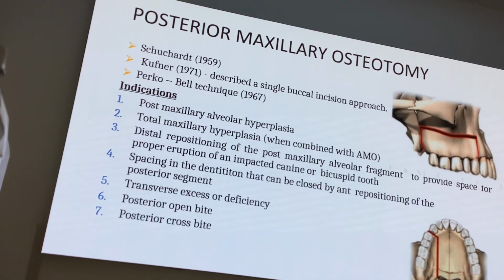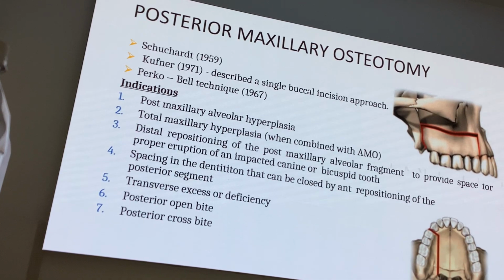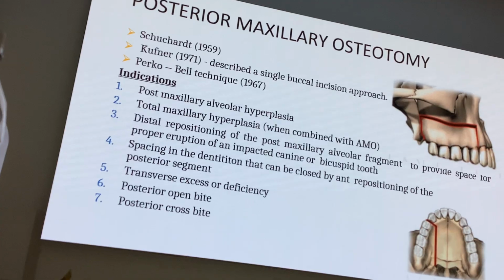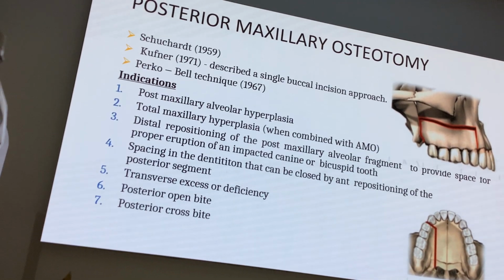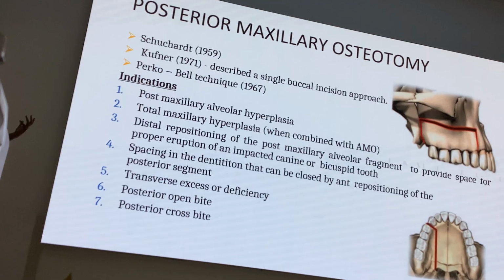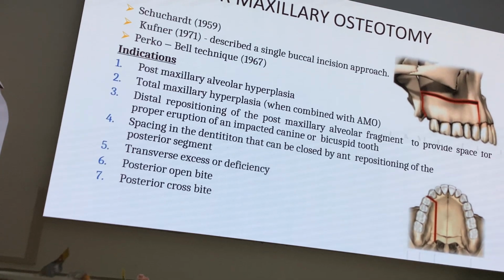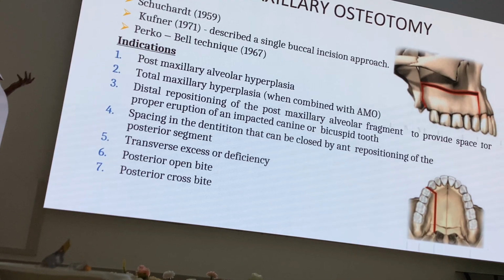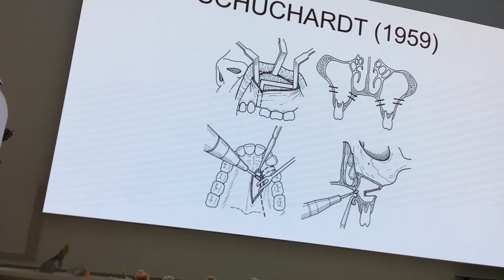Posterior osteotomies: there are certain cases with alveolar hypoplasia or a total maxillary hypoplasia where it is combined with the anterior maxillary osteotomy. Definitely, with spacing in the dentition, transverse excess or deficiency, anterior open bite as well as posterior crossbite.